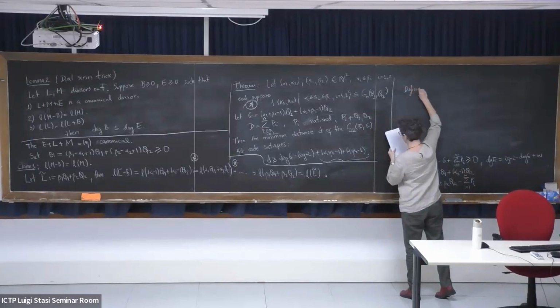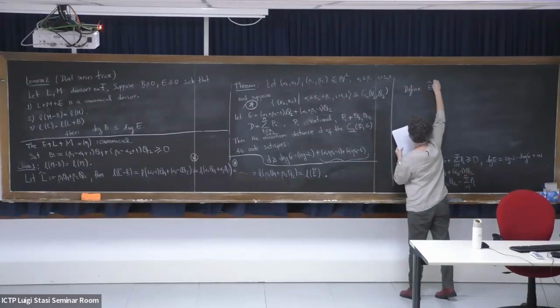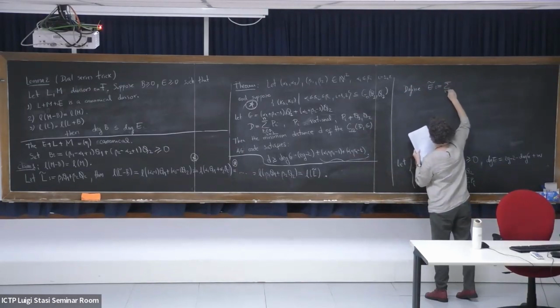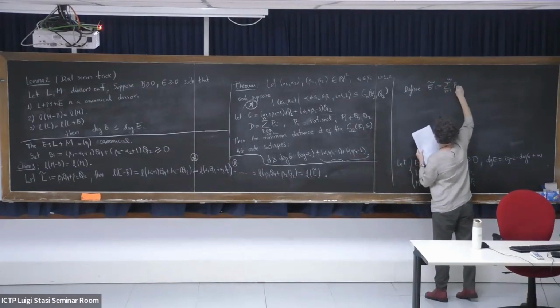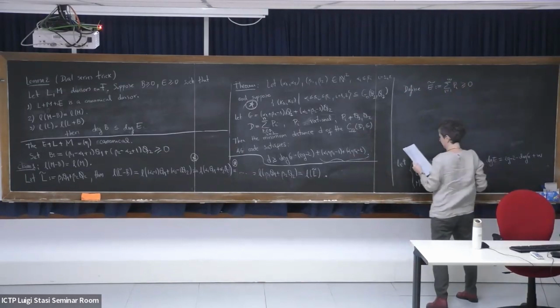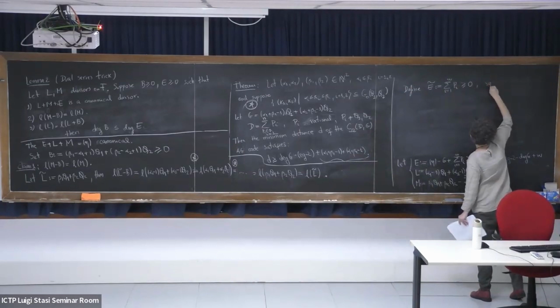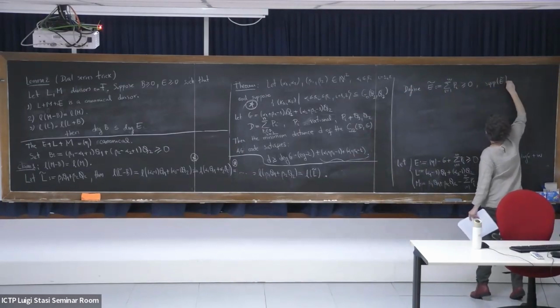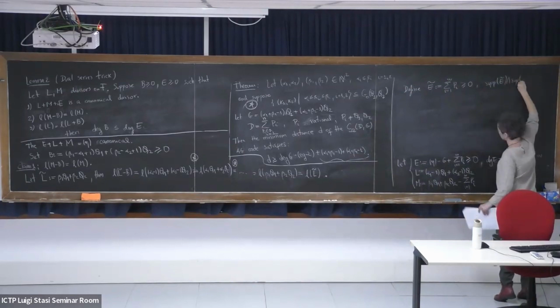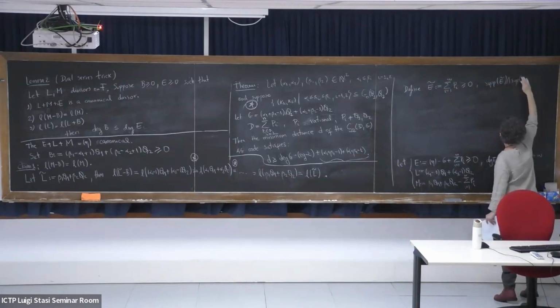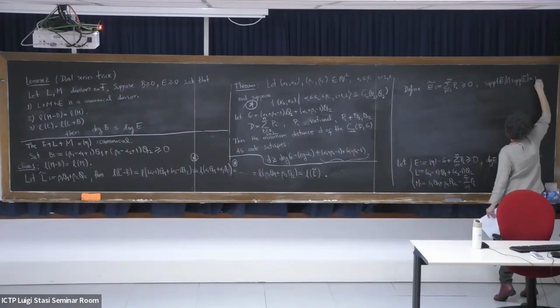Define beta tilde as the sum phi to omega of pi's. This is a positive divisor. And yeah, we have that the support of this guy and the support of L tilde is empty.